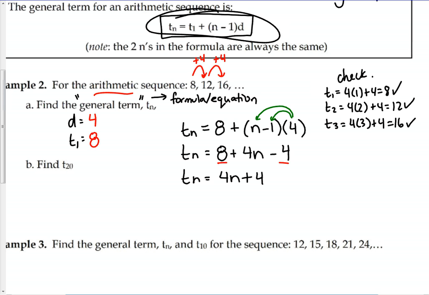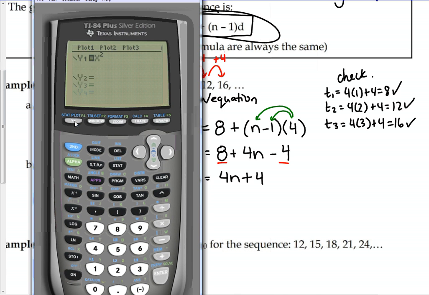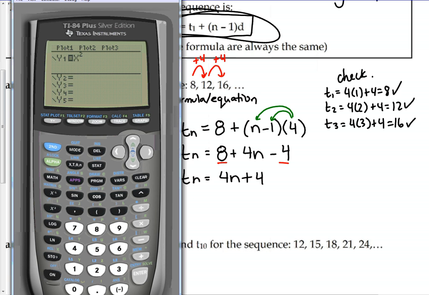Another way is with your calculator. You could use y equals. So y equals, and then I would write, instead of n for x, 4x plus 4, and then go to my table. And my table should have the same sequence.